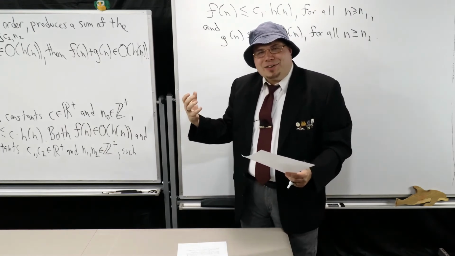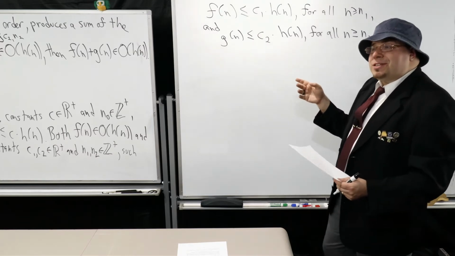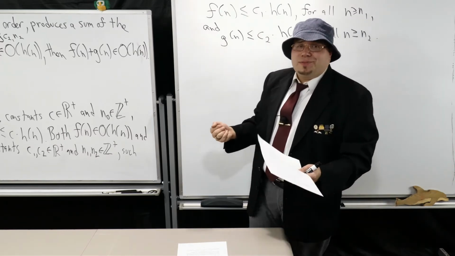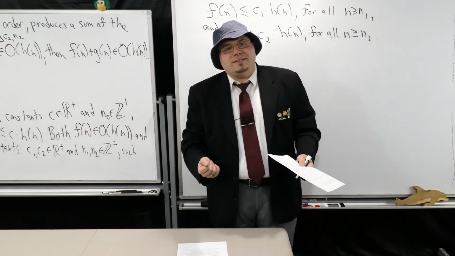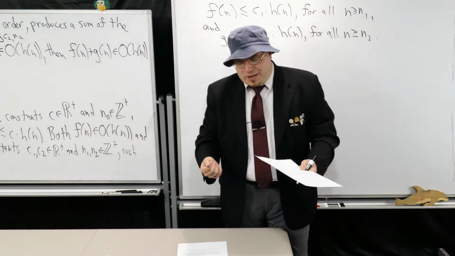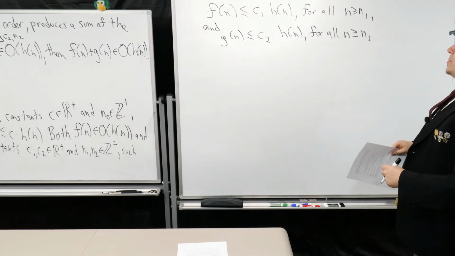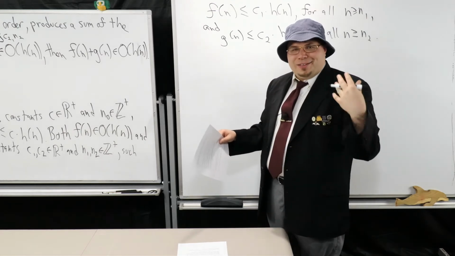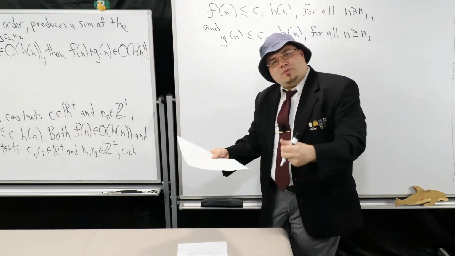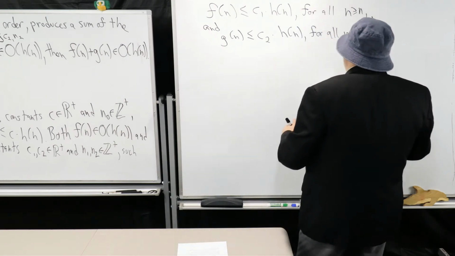I want you to think about the buckets that I used when we first started talking about summing over inequalities in some of my earliest examples. What did I do? Well, I showed that the left-hand side is less than or equal to everything on the right-hand side. I do that for each one of my buckets, then I lump it all together, right? I'm going to do the same thing here.